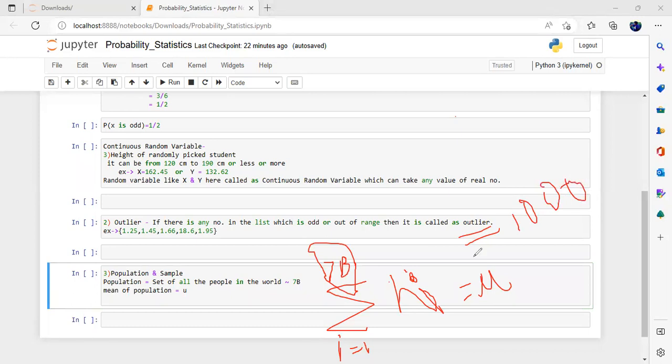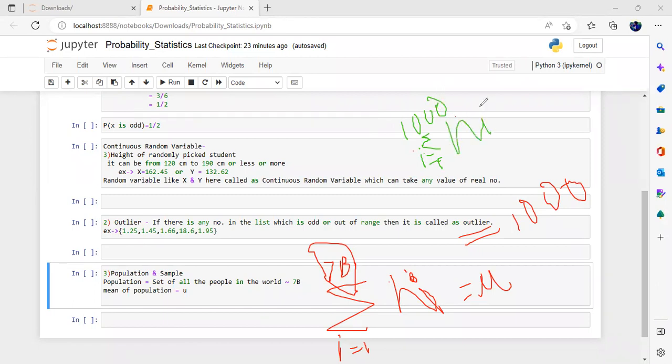And then we can do summation of i equals 1 to 1000. That we can do because it is very small as compared to 7 billion, right?